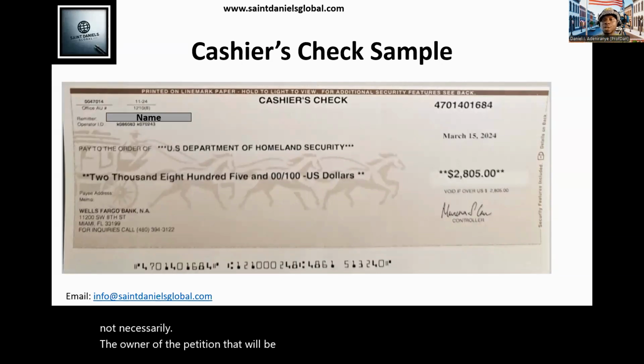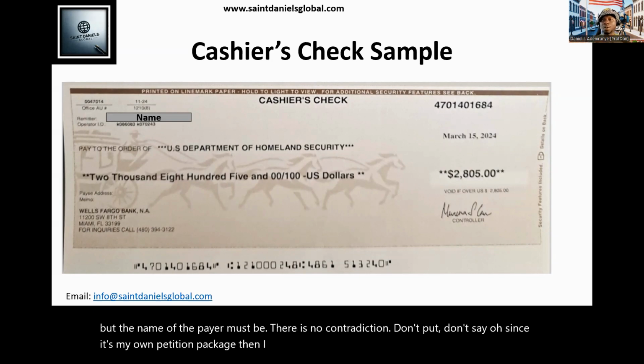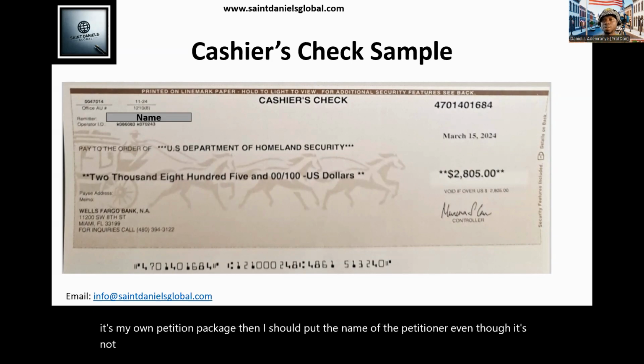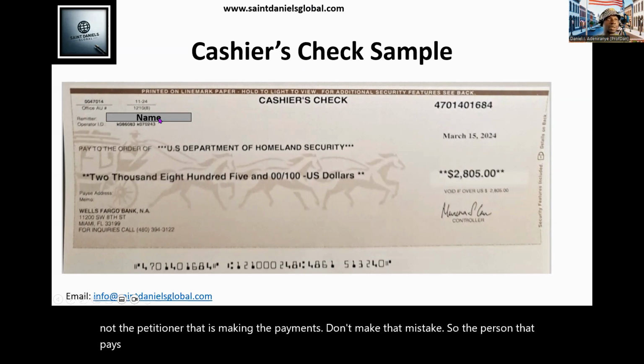That's why I said someone can pay for you, but the name of the payer must be there. There is no contradiction. Don't say, oh, since it's my own petition package, then I should put the name of the petitioner, even though it's not the petitioner that is making the payments. Don't make that mistake. The person that pays is going to have their name here.